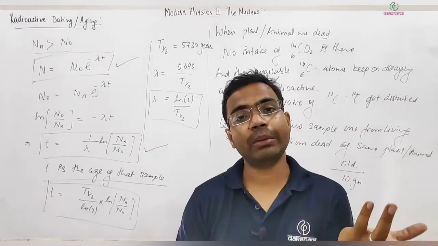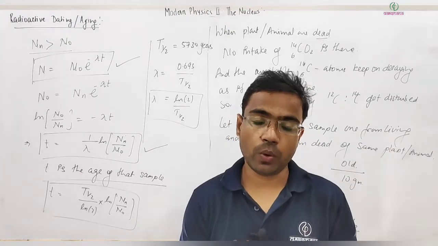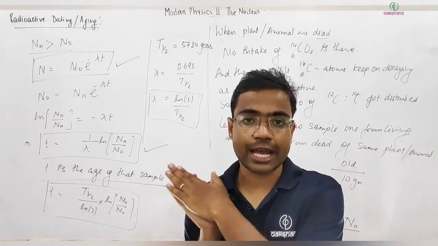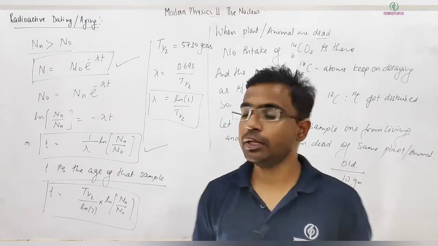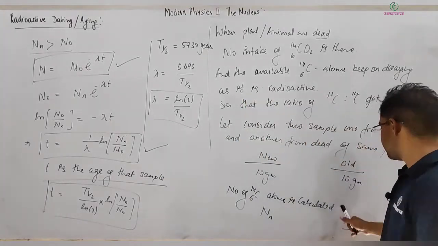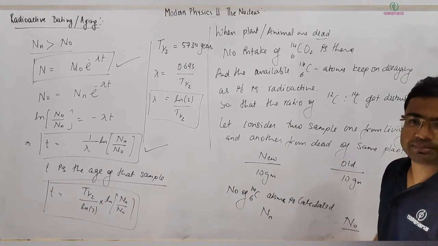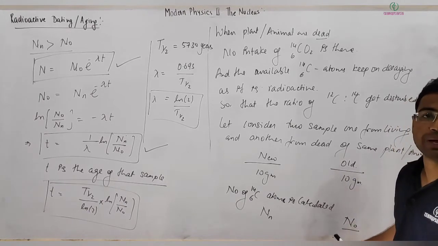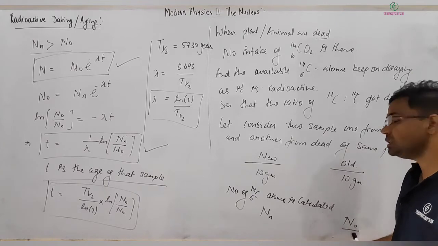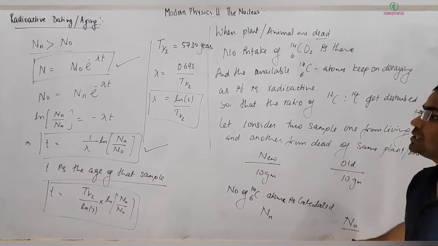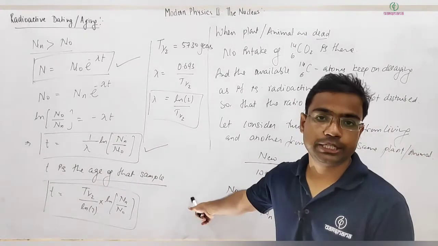So at 1 million years old, if I go with carbon dating, then by that time the number of carbon 14 elements left will be almost negligible and not accurate to calculate. So in such cases we can't go with the carbon dating method.